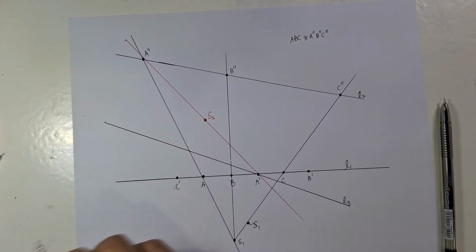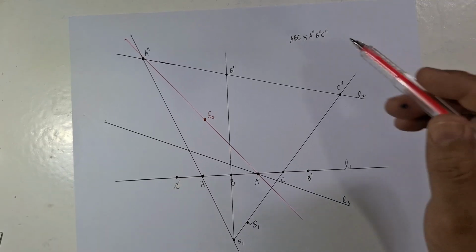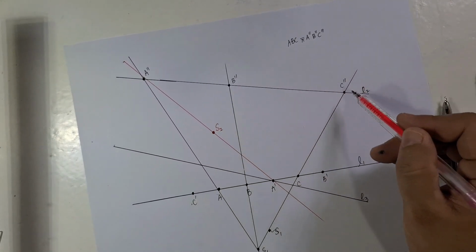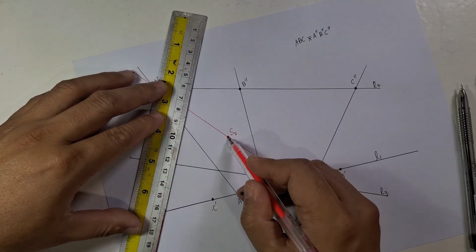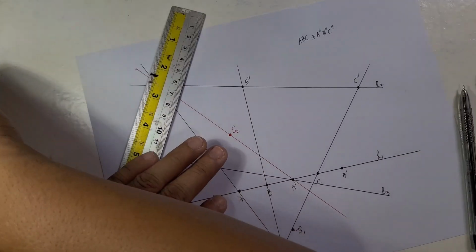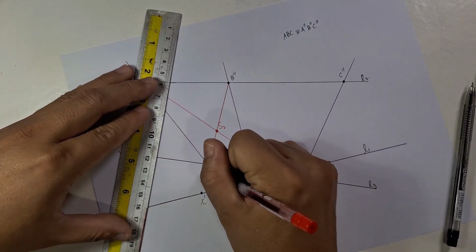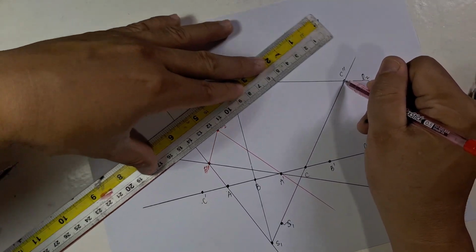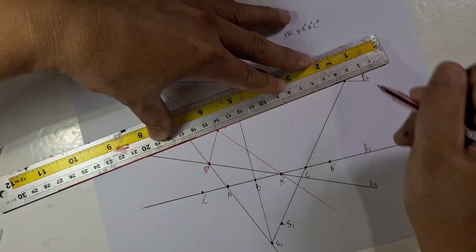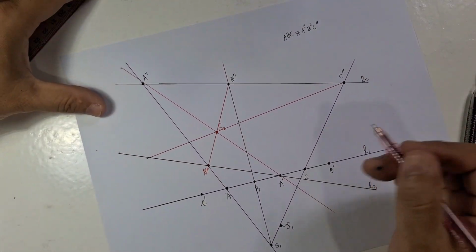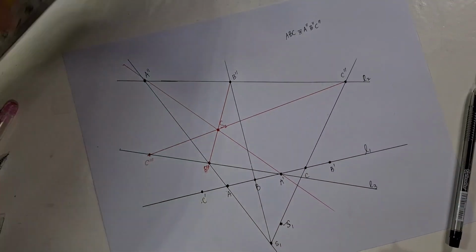And then we will have B double prime and C double prime perspective using this as the center of perspectivity. So this will be B triple prime, and then C double prime using this as center of perspectivity, we have this one as C triple prime.